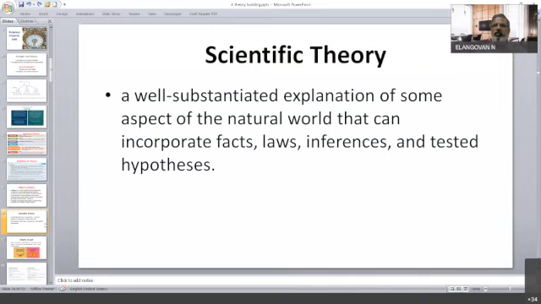Those are the characteristics of science. Most scientific theories become what we call a law. The difference between a theory and a law is that a theory can be falsified, furthered, changed, or incremented, but a law remains the same.